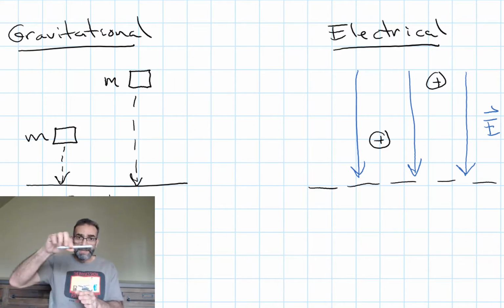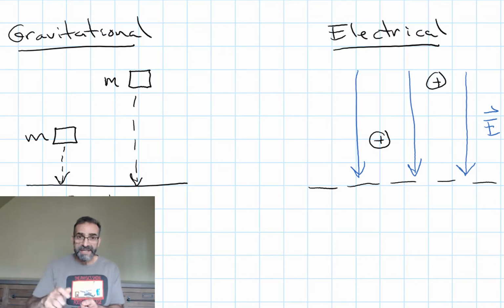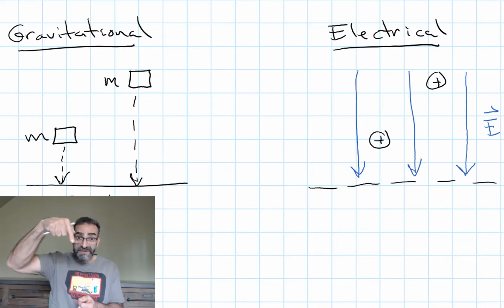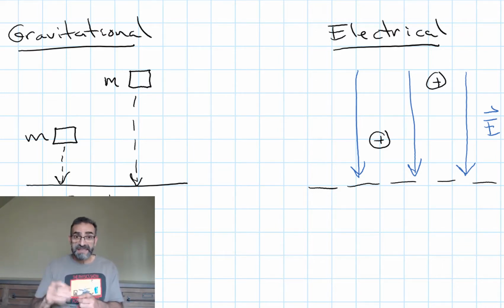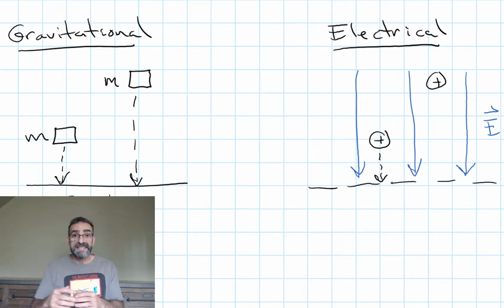One I'm holding a little bit above the floor, and the other one I'm holding much higher up above the floor. When I let go of the lower charge, the electric force pushes it in that direction, and it starts moving in that direction. And the split second it passes my imaginary floor here, it has a certain speed, a certain kinetic energy, because the electric field did some work on it and got it moving and gave it some kinetic energy.